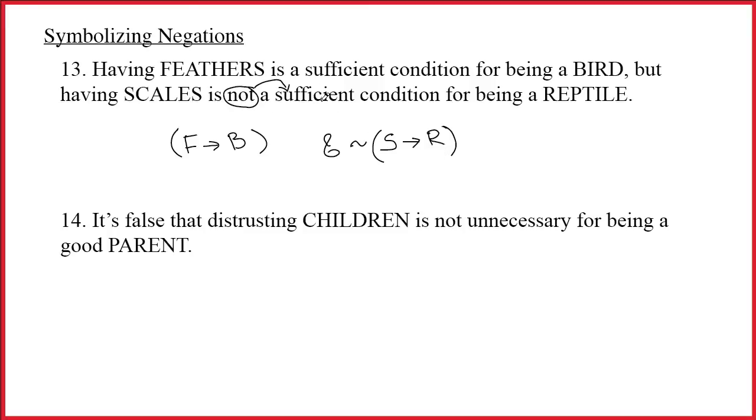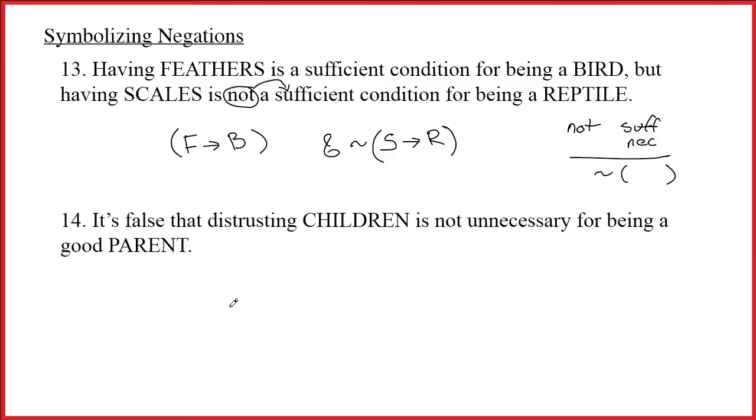So a not in front of sufficient or necessary is like saying it's false that for the entire sentence. Here's the rule. Not immediately in front of sufficient or necessary is always going to give you a tilde outside parentheses in this way. Okay? So F arrow B and not S arrow R is the correct symbolization of that sentence.